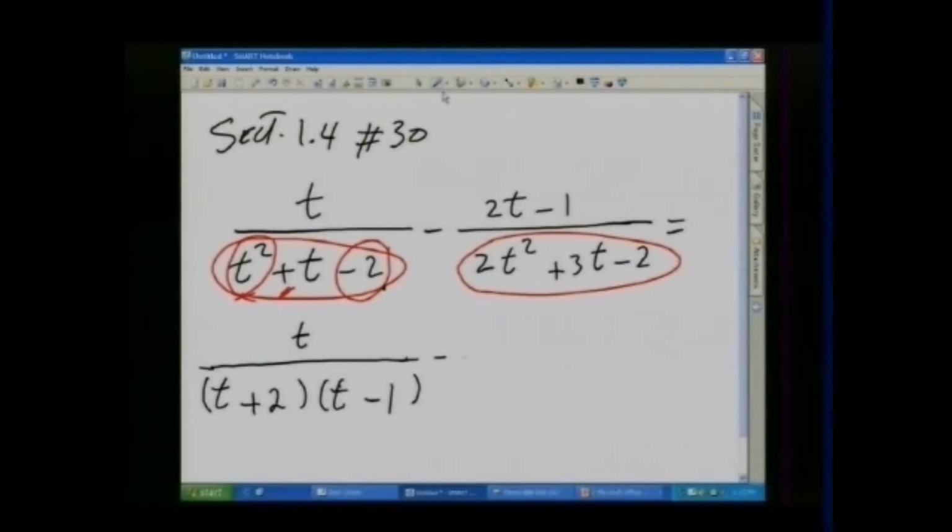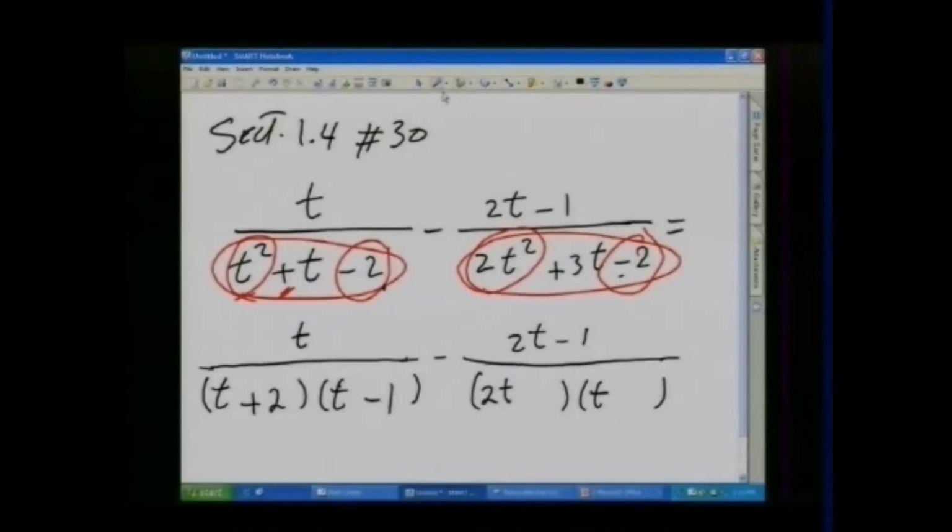Now I would do the same thing, factor the second denominator. Again, I put 2 parentheses here. The first term I have here is 2t squared. Well, in order to get 2t squared, I say 2t here multiplied by t. That would give me 2t squared. I would look at the last term, which is a negative 2.